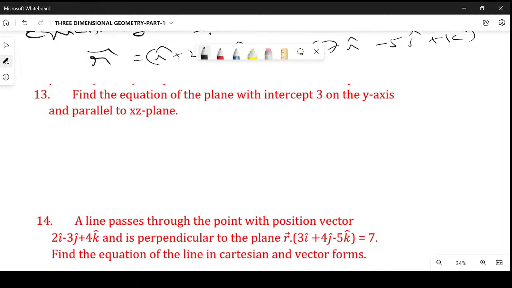Find the equation of the plane with intercept 3 on the y-axis and parallel to the zx plane.